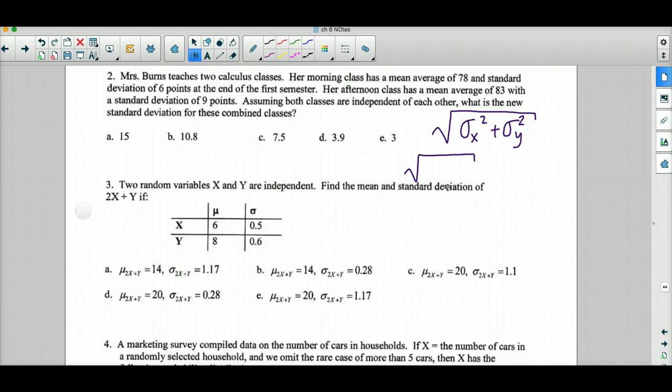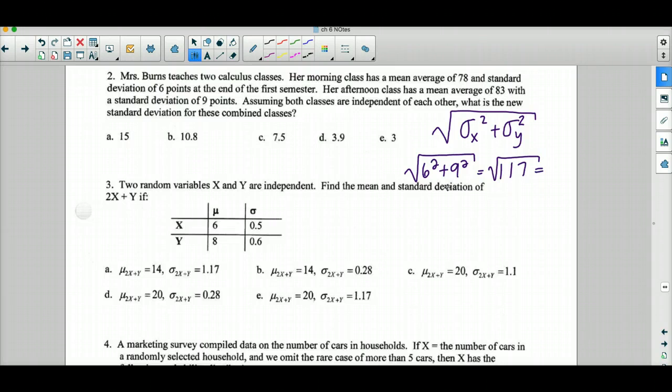So it is the square root of 6 squared plus 9 squared. So it is the square root of 36 plus 81. So that's 117. And it's the square root of that.